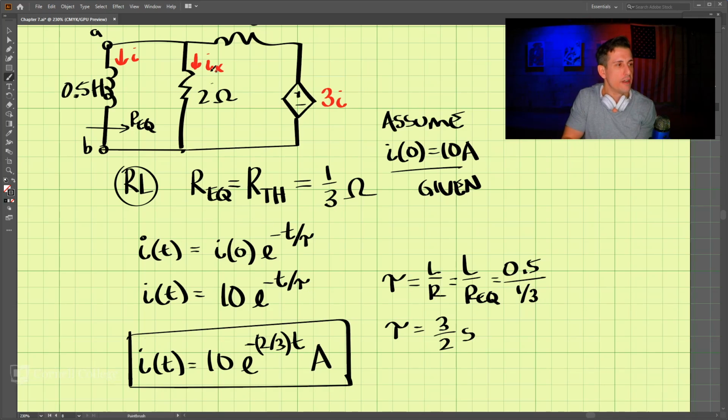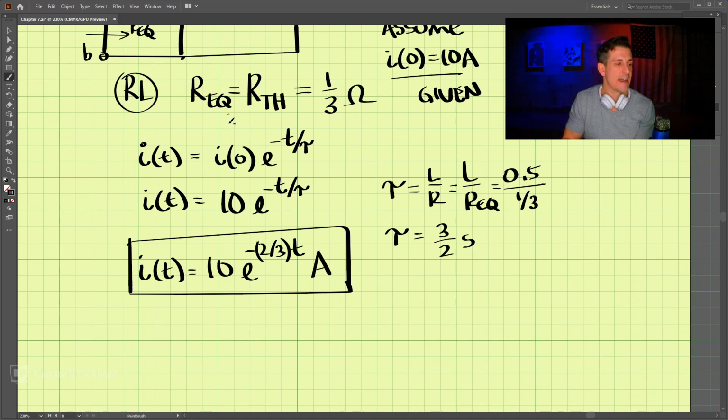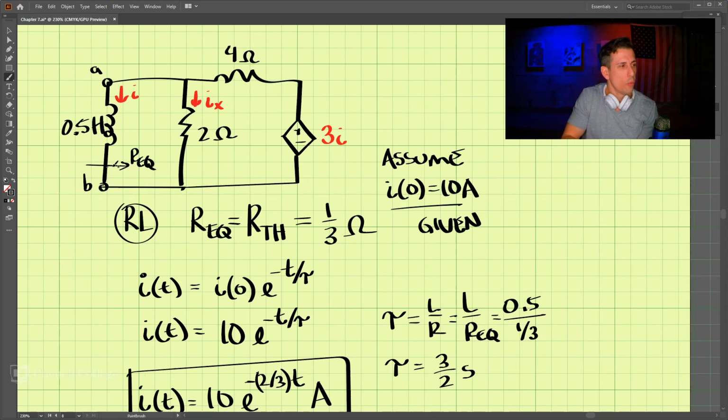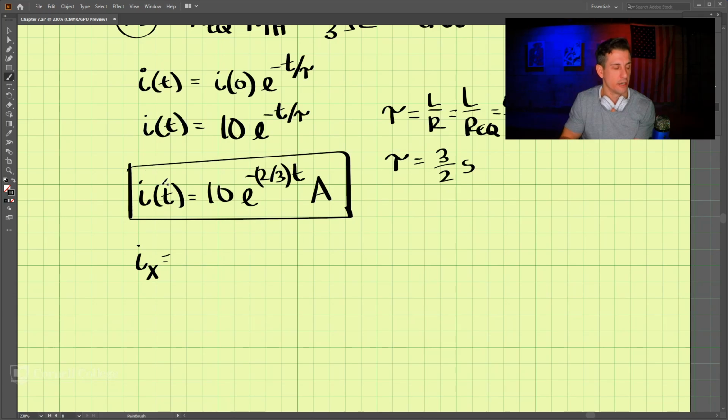Now, what is our current Ix? Well, what is the voltage here? We know the voltage in an inductor is equal to L di dt. So how do we figure that out?